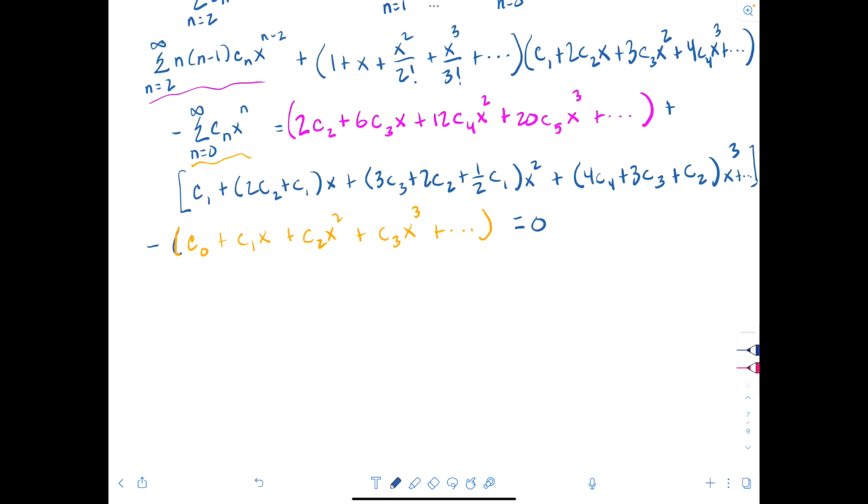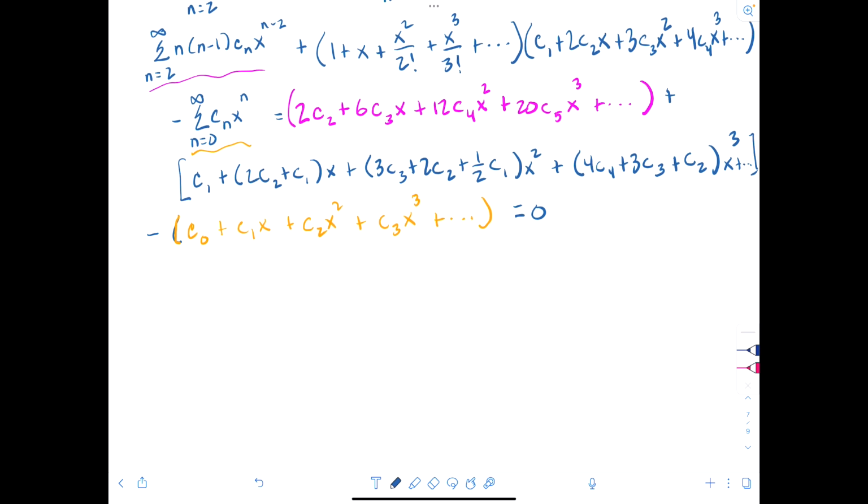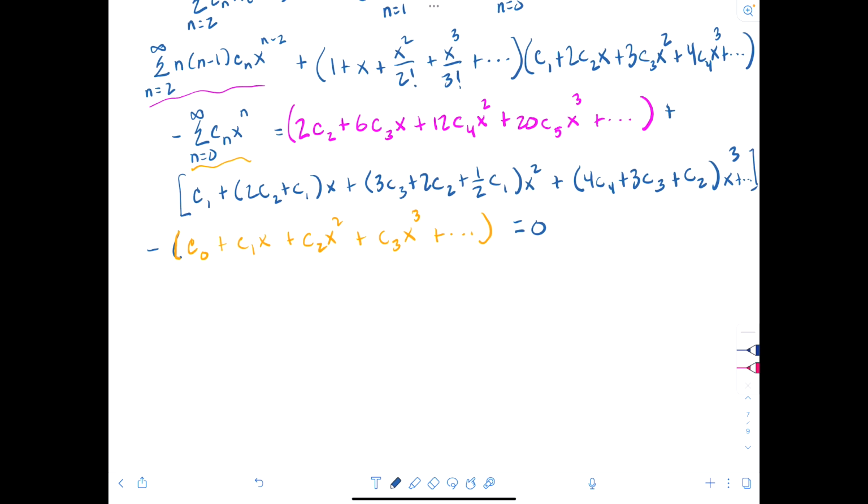And now when I combine these, okay, so I'm looking at these expanded summations, all right? So when I combine these guys, I'm going to combine them by constants together, and then we'll have the coefficients of x together, coefficients of x squared, etc. Ready?